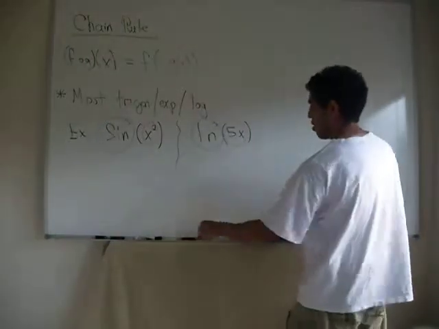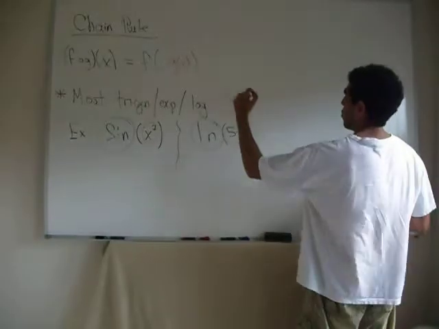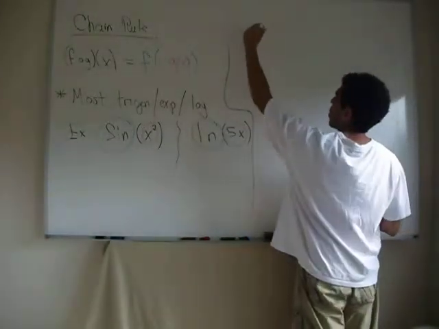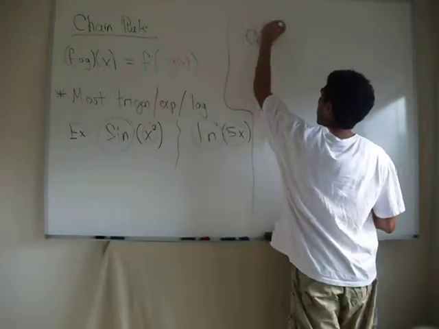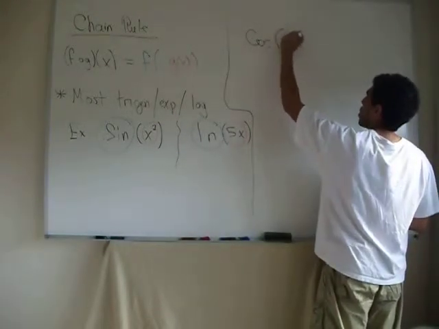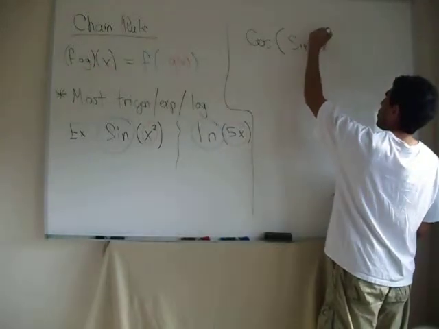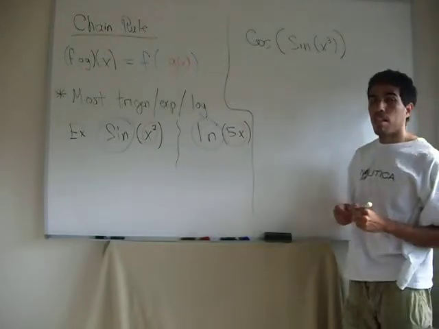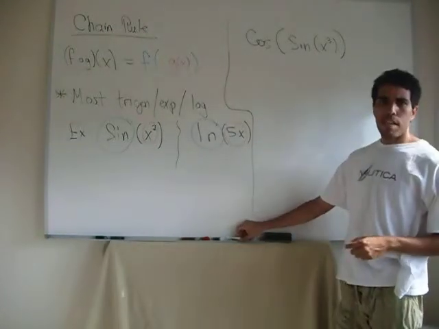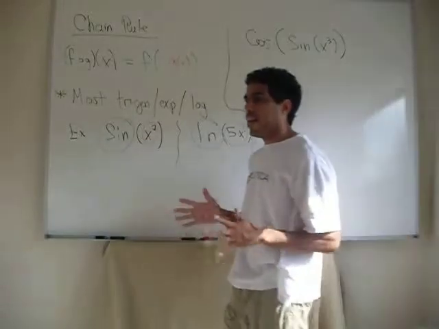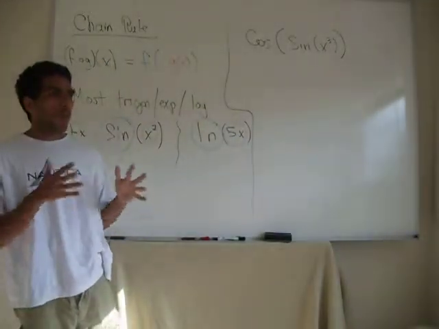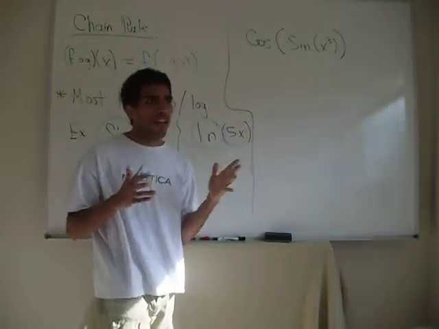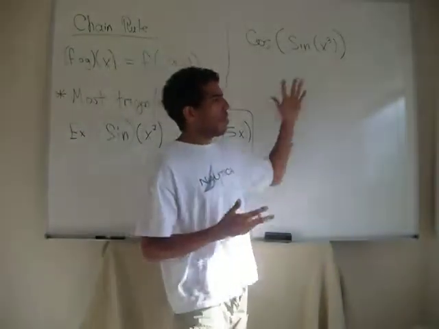Let's do another example. Say we have something like cosine of sine of x cubed. Is this a composition of functions? Well, let's take a look. Again, think about it as a mathematician. Think about what's happening in the problem and just talk to the problem. Ask the problem what's going on, and you will get the answer. What is happening with this function?